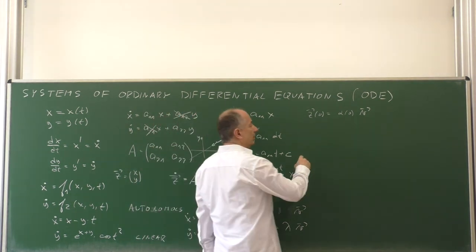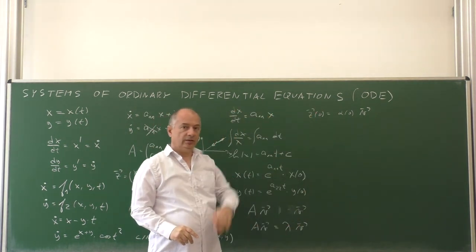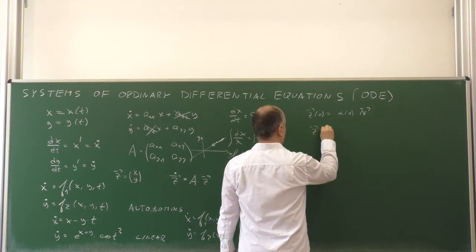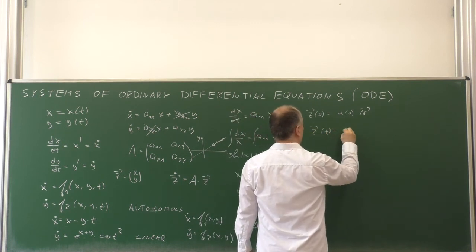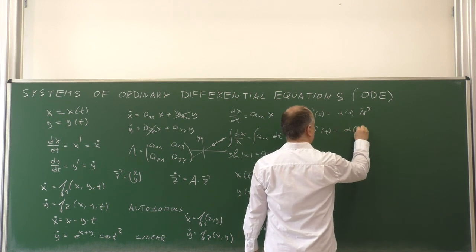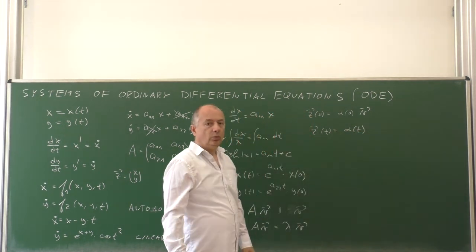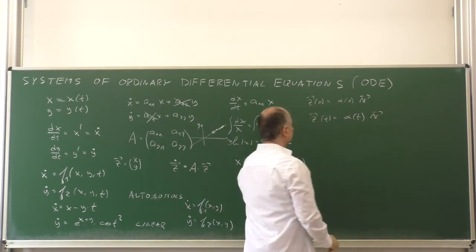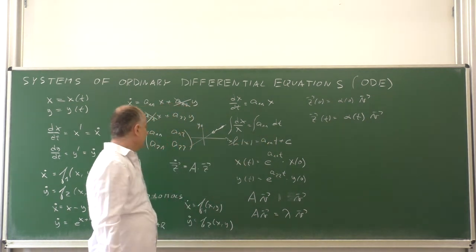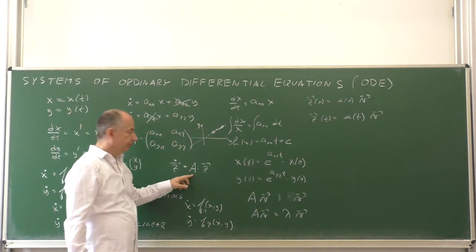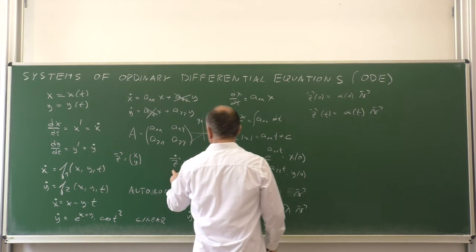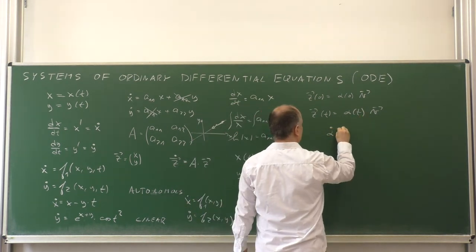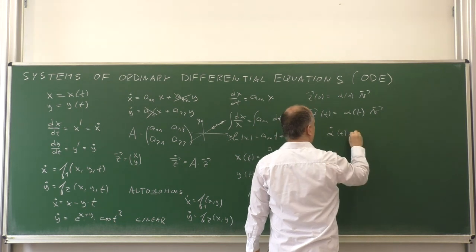And then we are in the line forever, and we can assume that z at t is given by some coefficient alpha at t, which may vary in time, times the eigenvector. And if we substitute this form into the differential equation, then on the left we have the time derivative, which is alpha derivative, and v is a constant.